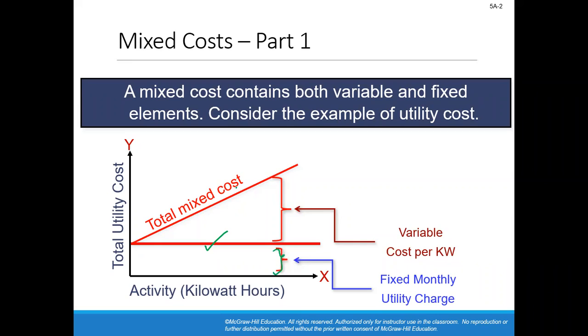Is it positively sloped or negatively sloped? Yes, this is a positively sloped line, and this indicates the variable cost portion. We'll talk more about how we can draw this and what is represented by this.